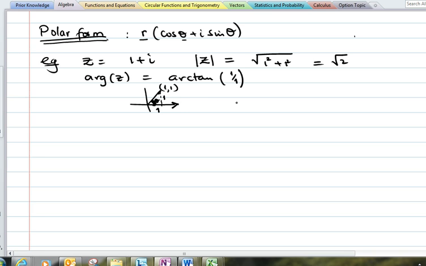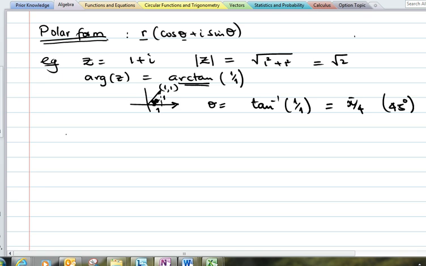So theta is the angle whose tan is 1 over 1, or what I refer to there as arctan. And that in this case is pi over 4, which you might know as 45 degrees.